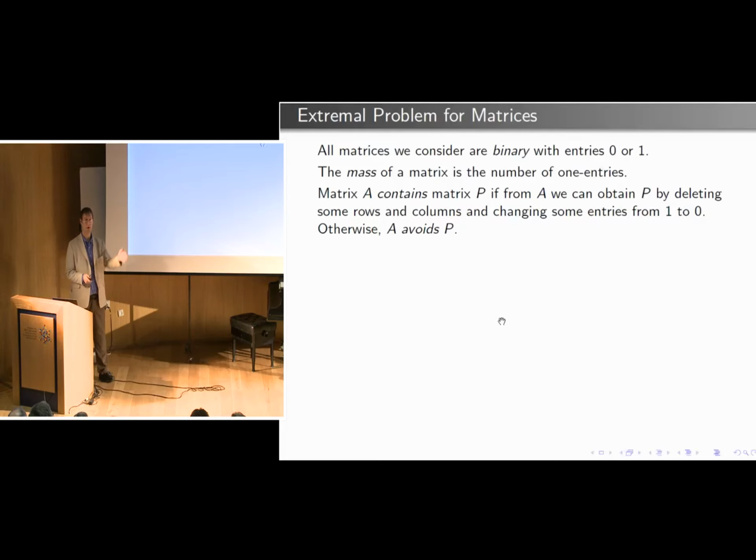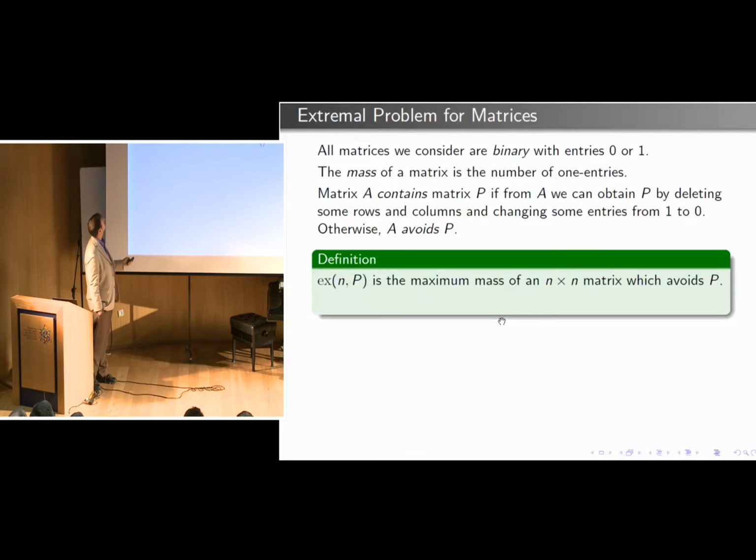The rows form one part, the columns form another part, and if you have a 1 in a given entry, it means that row and column are adjacent. That gives you an ordered bipartite graph: the rows are ordered, the columns are ordered. This containment relation says that A contains P as a matrix means that the ordered bipartite graph associated to A contains the ordered bipartite graph corresponding to P. It's the same thing.